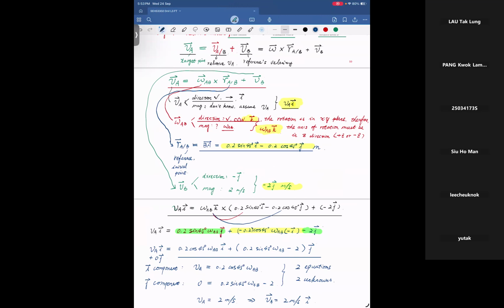We just use the formula and find out the items one by one. Okay, is it clear for you? Any questions? You can have any questions.